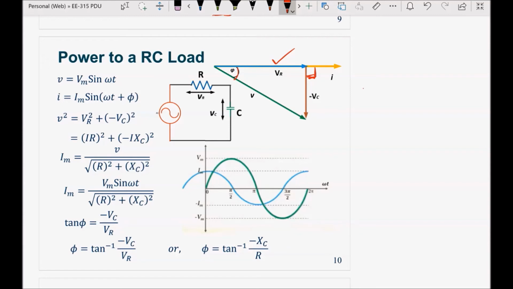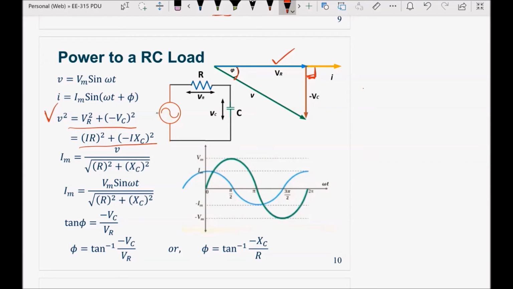Now again, from the Pythagoras theorem, if we consider this triangle, we can say that V square is equal to VR square plus Vc square, and that can also be written in the form of the product of current and the resistor, or the capacitive reactance.